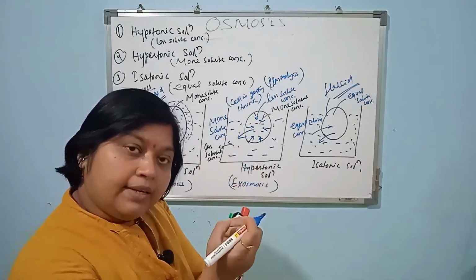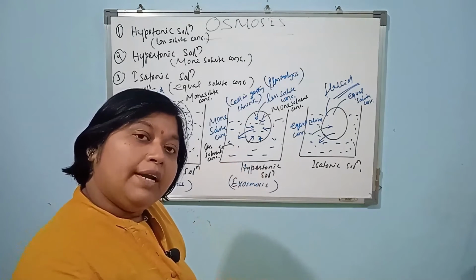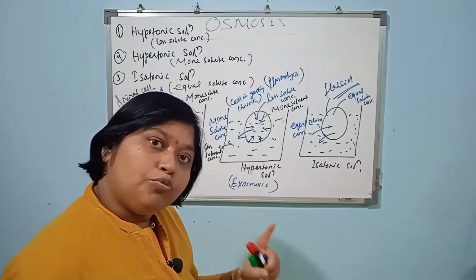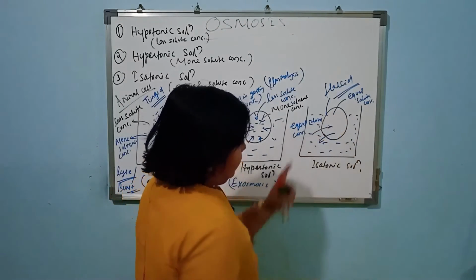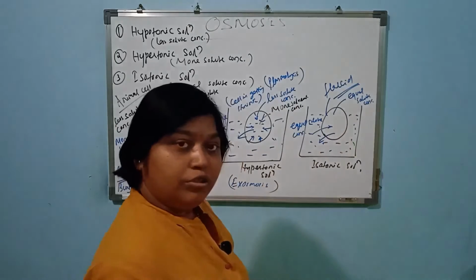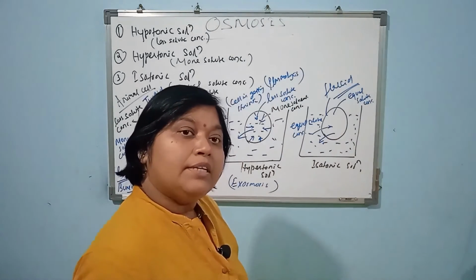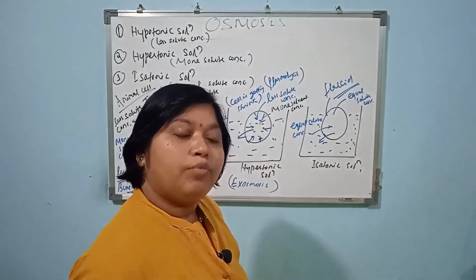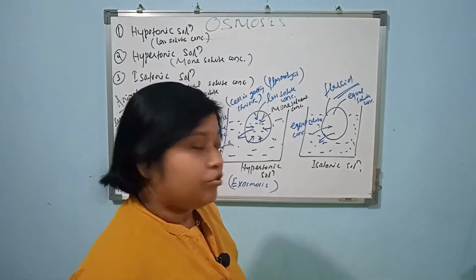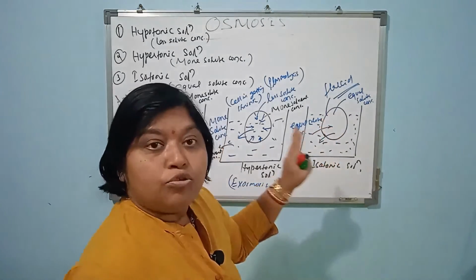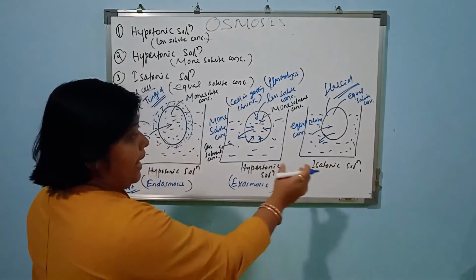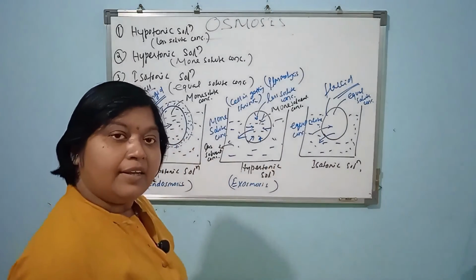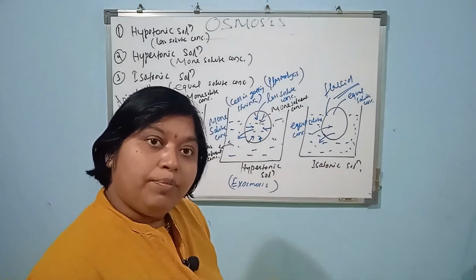It will shrink. It will get dehydrated. It will lose water. But if we place a cell in isotonic solution, in this case the cell will neither absorb more water nor lose water. So the cell will be as it is. So for an animal cell, keeping that animal cell in isotonic solution is the better condition.